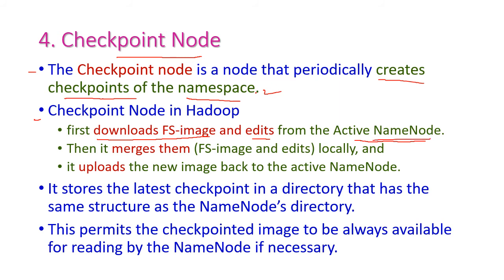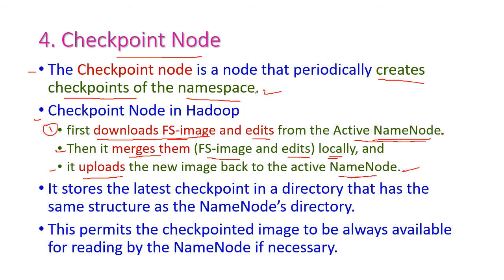Active name node means primary name node or the master node. So first it will download the FS image file and edit log file. After that, it merges the FS image and edits locally. That is, this checkpoint node will merge these two files and the updated version will be uploaded to the name node.